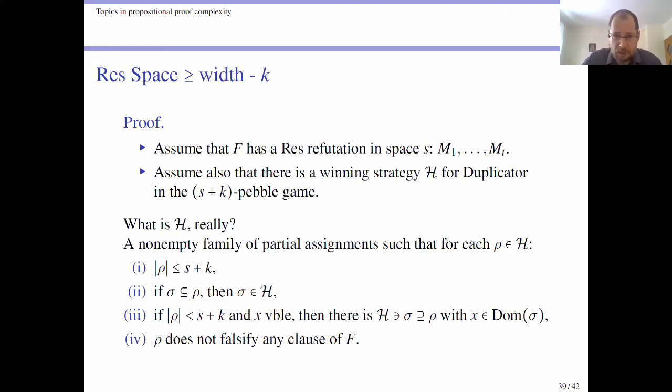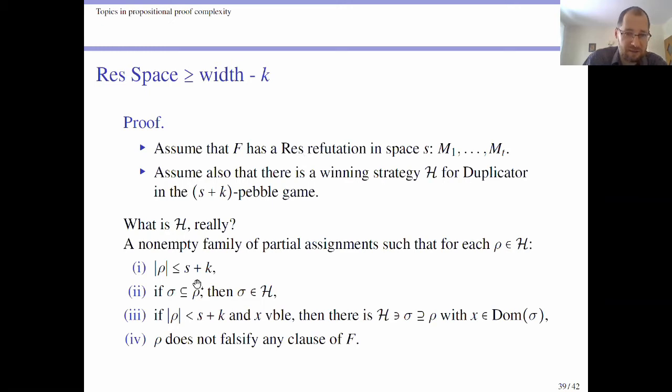So duplicator having a winning strategy means we can think of the winning strategy as a family of partial assignments to the variables of the formula F. And this family should have the following property. Firstly, each assignment in it is well constrained in terms of size by prover's memory, so it's at most S plus K because that's how many pebbles we have.